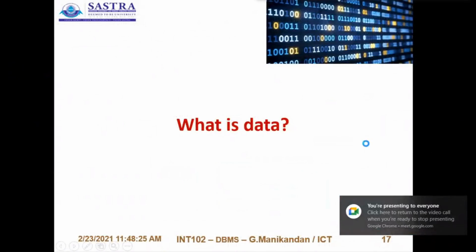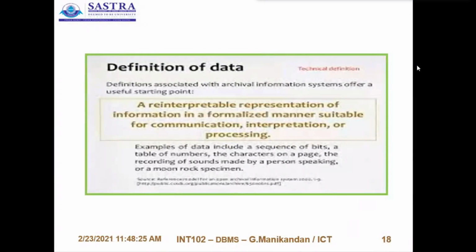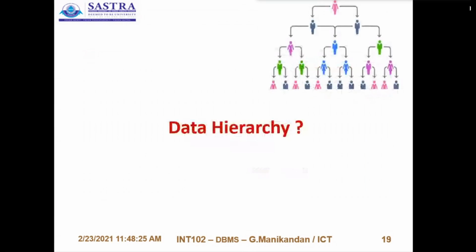So this is one definition available in networking. You can visualize data as a representation of information that is more suitable for communication, interpretation, and processing. If you visualize the data in a hierarchical format, what is the data hierarchy?